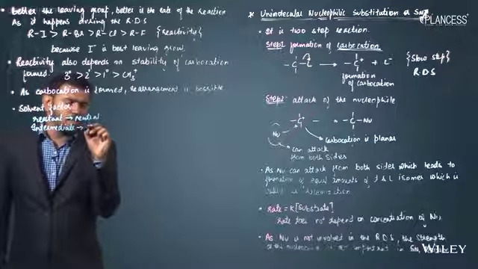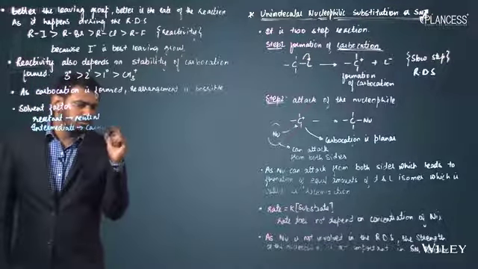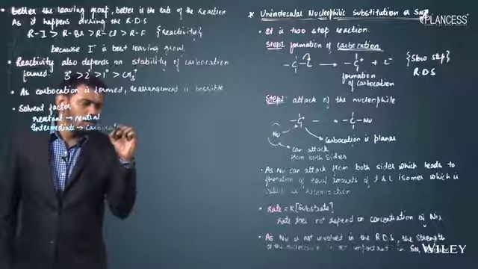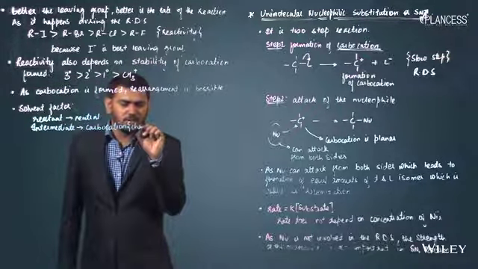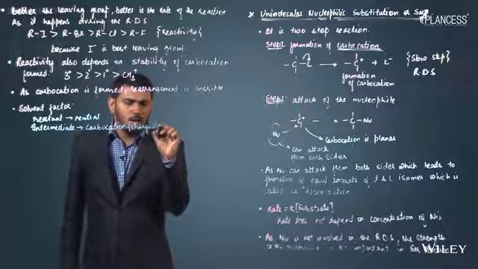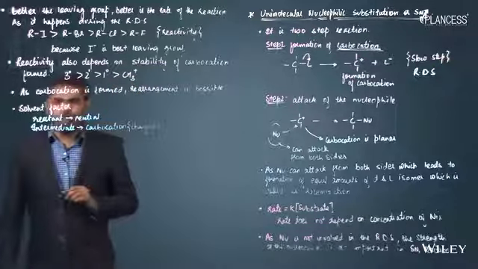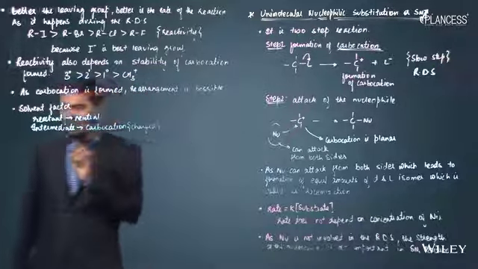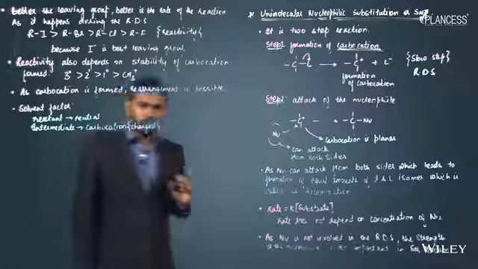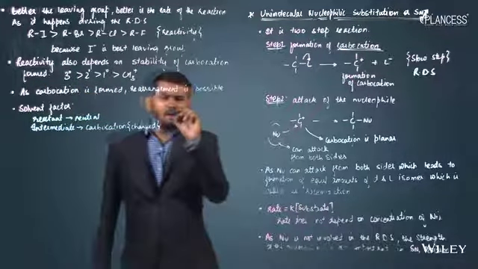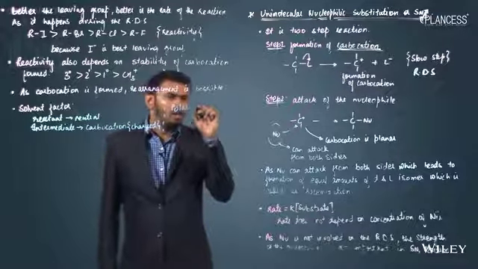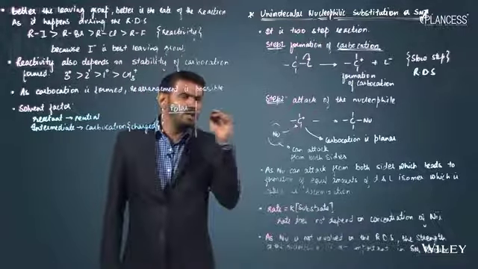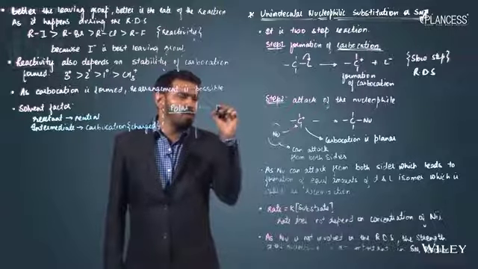The intermediate formed is a carbocation, which is charged. Now let's say I have two possibilities: one is a polar solvent and the other one is a non-polar solvent.